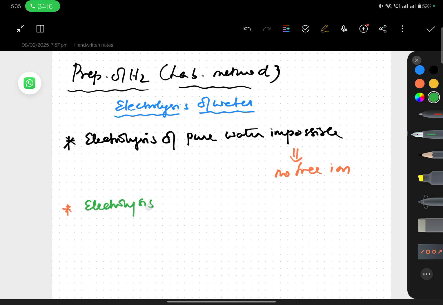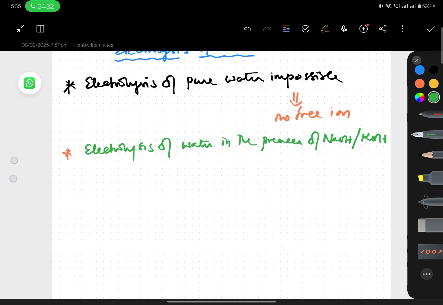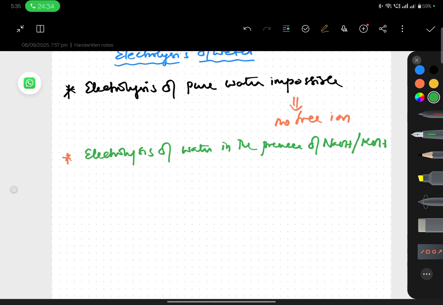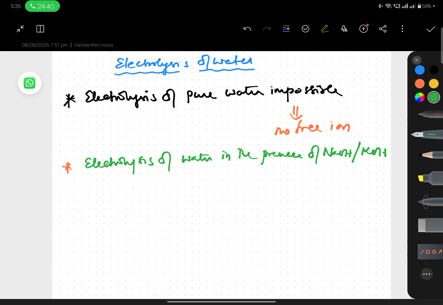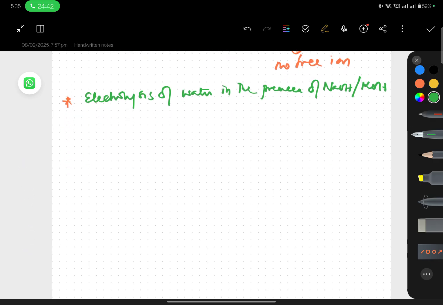They do electrolysis of water in the presence of NaOH or KOH. So electrolysis of pure water is impossible because no free ions. So electrolysis of water is possible only in the presence of NaOH or KOH. Okay, Amma?